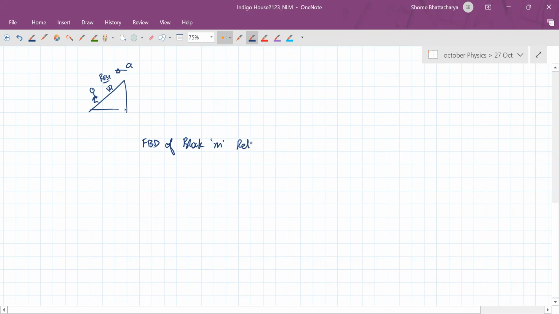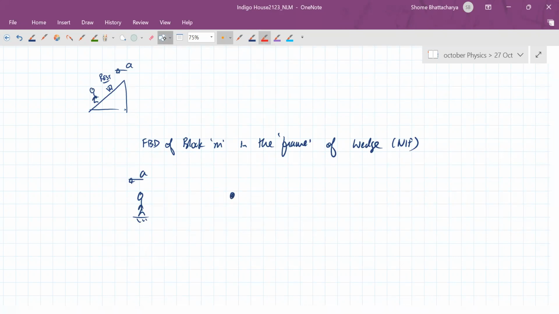Relative, or you can say in the frame of the wedge. Now the wedge will become a non-inertial frame because it's traveling with an acceleration like this. So in this non-inertial frame, first of all there will be the pseudo force acting on the block, which will be in this direction.